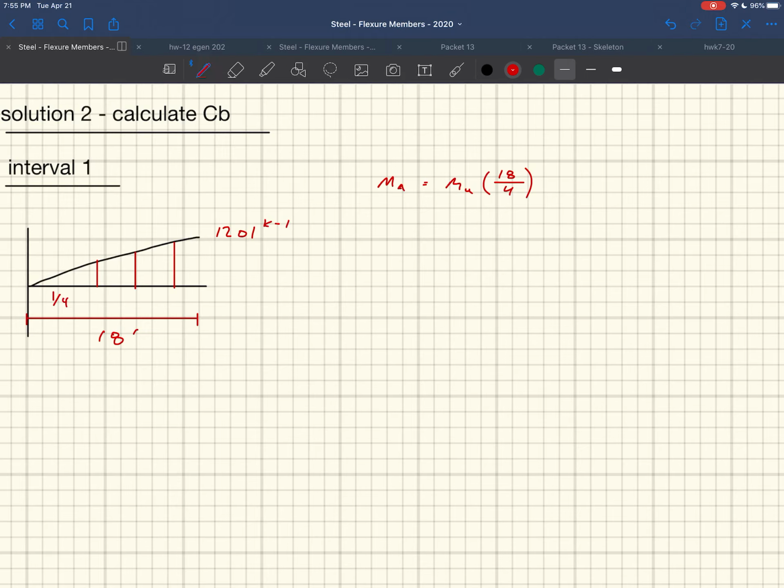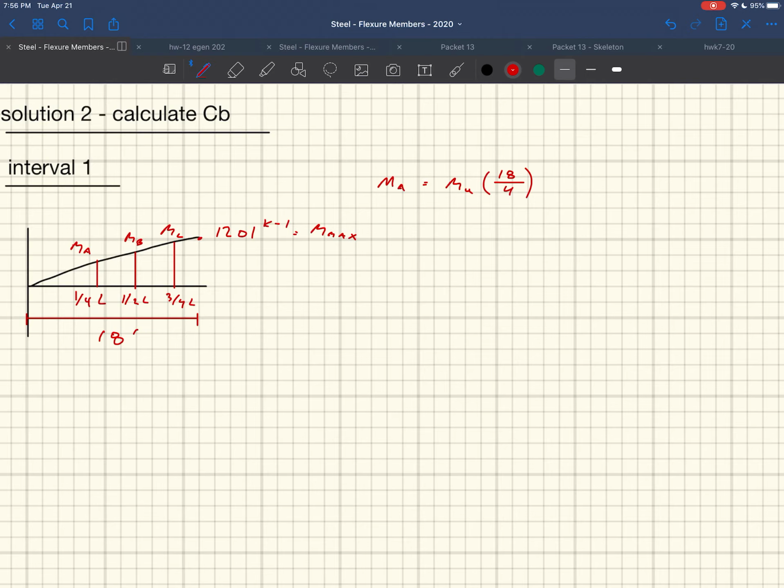One quarter L, 1/2 L, and then 3/4 L. Right, it's where this would be MA, MB, MC. Right, and then this is M max. Okay, the one on the far right here is M max.